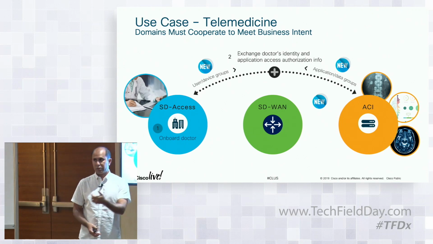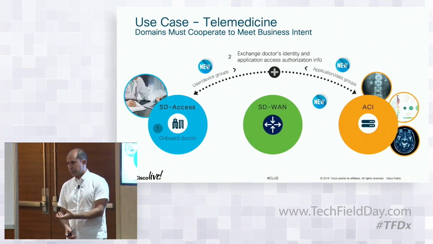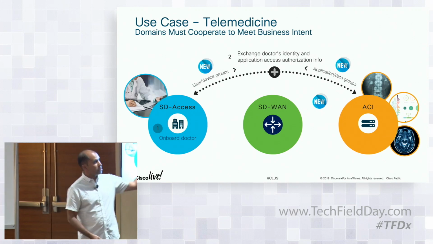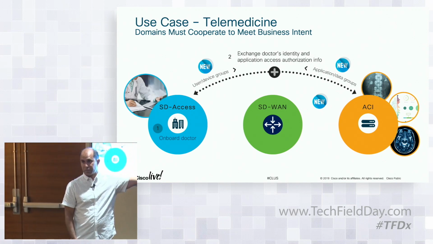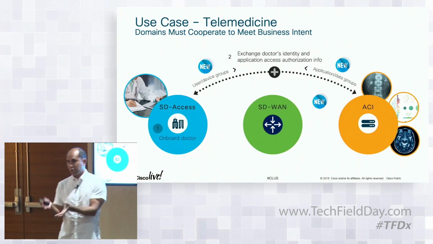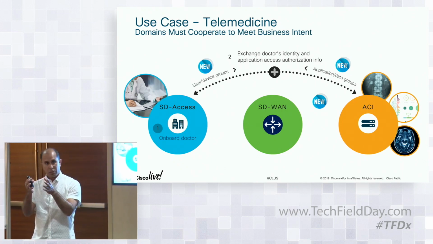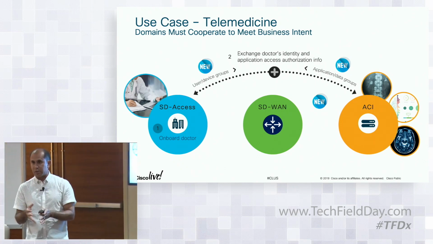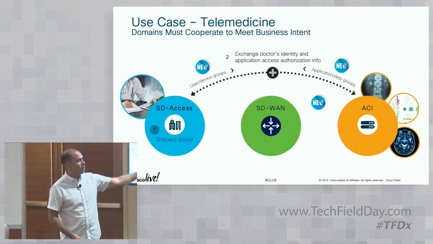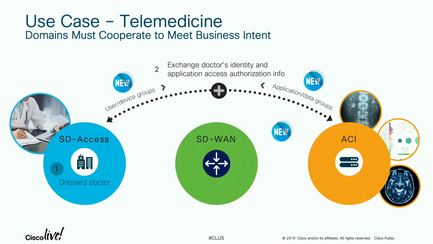That is distilled into the assignment of that physician to a particular group, and that group will have certain rights. We're going to exchange that information with the ACI domain. On the ACI side, we're cataloging all our applications, so we have a full view of what the groups of applications that the physician could consume are, and we're going to exchange that information with the access domain. So now, access domain and the data center domain both have complete information to articulate a policy, which is nothing but defining what the relationship is between a group of users and a group of applications.